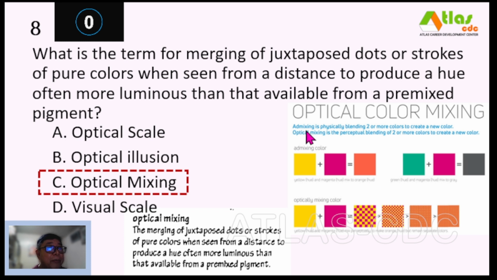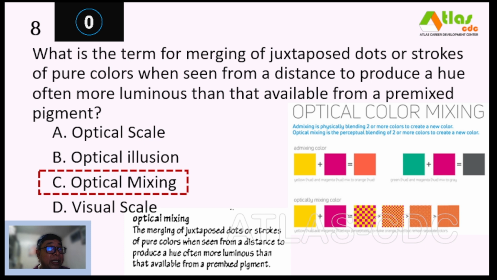To compare admixing versus optical mixing, admixing is physically blending two or more colors to create a new color. So if we are going to mix yellow and magenta, you will come up with orange. Or if we mix green and add magenta, you will get gray. So that is admixing color.